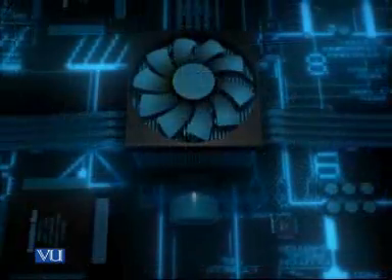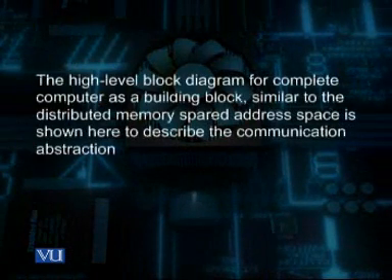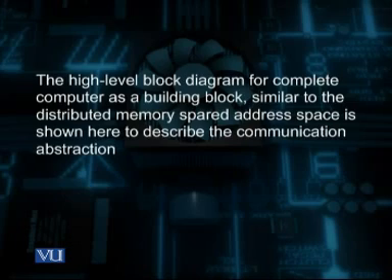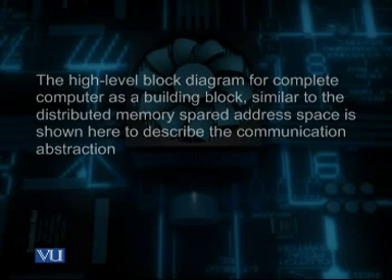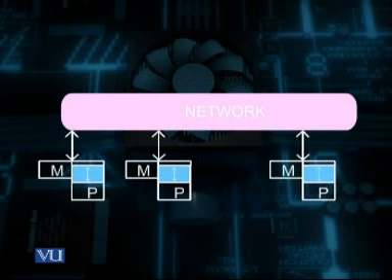Now let us discuss the communication model for message passing architecture. The high-level block diagram for a complete computer as a building block, similar to the distributed shared address space, is shown here to describe the communication abstraction.